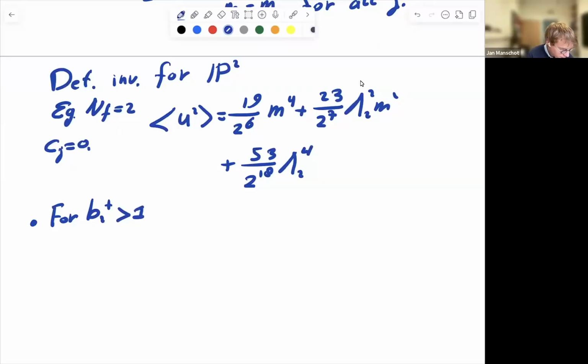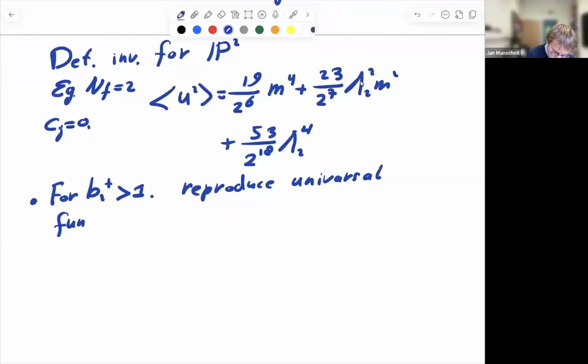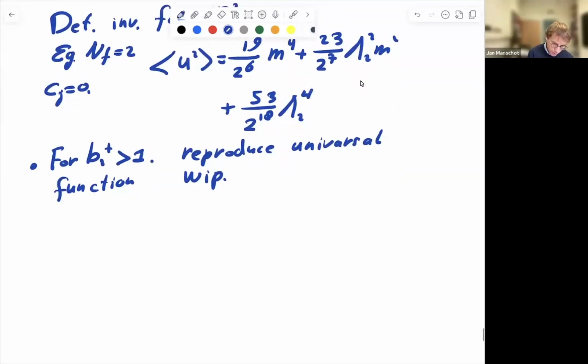There is a monopole branch for which we can find contributions, and we can reproduce these universal functions. This is mostly work in progress. We had some preliminary results in one of the published papers. An interesting aspect is that we find contributions from the monopole branch which are new to mathematicians.